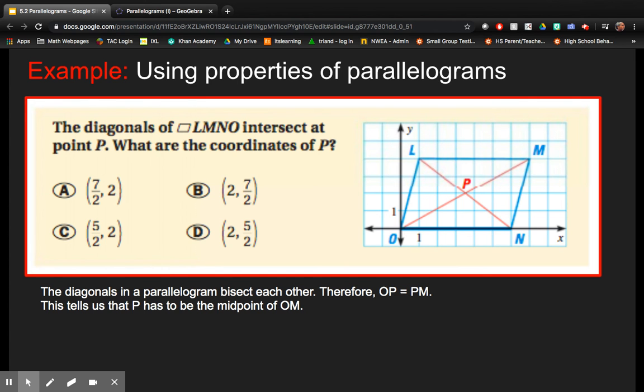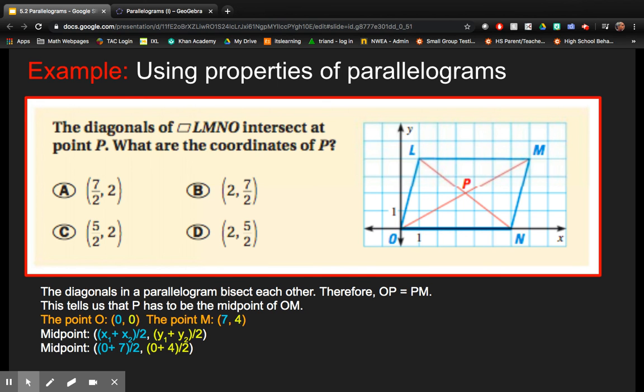Do you remember the formula for midpoint? We're going to need that. Point O is at the origin, 0, 0. Point M is at the point 7, 4. To find the midpoint, we add the x's, divide by 2, add the y's, and divide by 2. Your x's are 0 and 7. Your y's are 0 and 4.